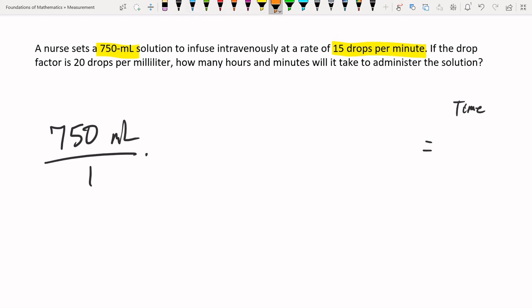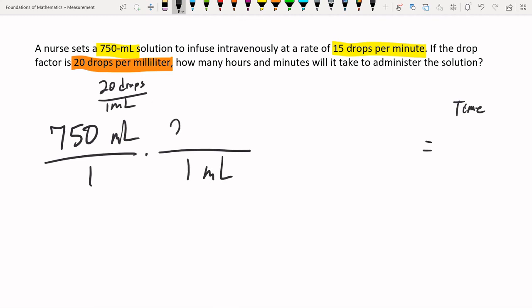The next statement, however, if the drop factor is 20 drops per milliliter, that we can use. 20 drops per milliliter. That's actually what we want per 1 milliliter. We want 1 milliliter on the bottom, 20 drops on top.